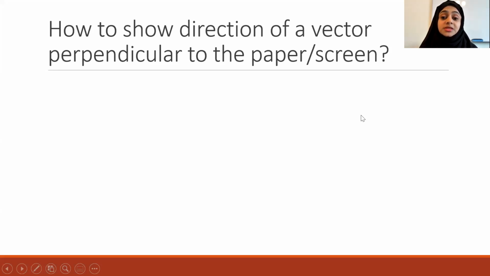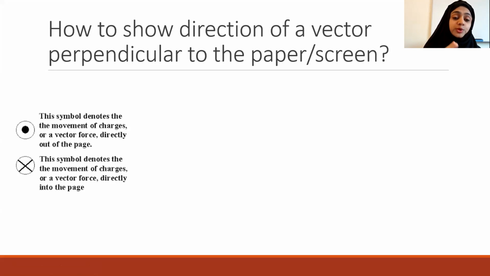Now, what happens if it is perpendicular to the screen? How can we represent that using symbols? So let us see what are the conventional symbols used to represent that. See here, a dot. This symbol denotes the movement of charges or a vector force directly out of the page.